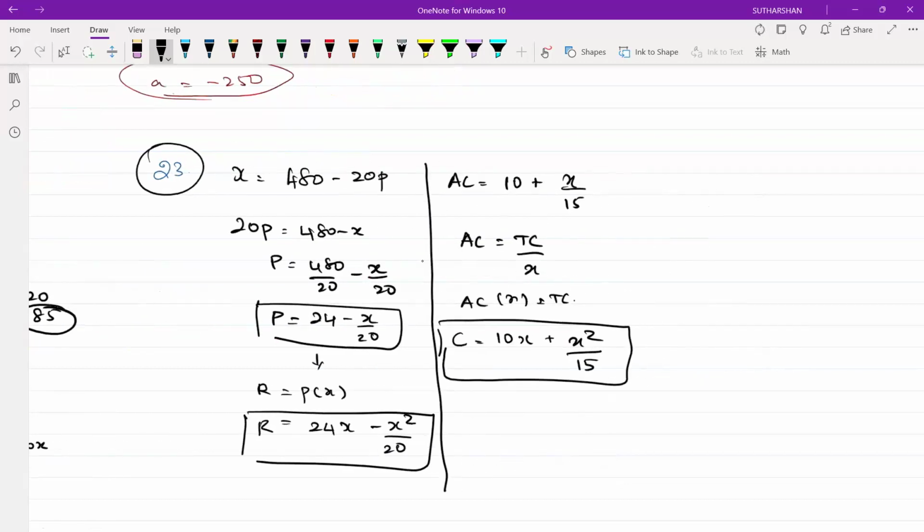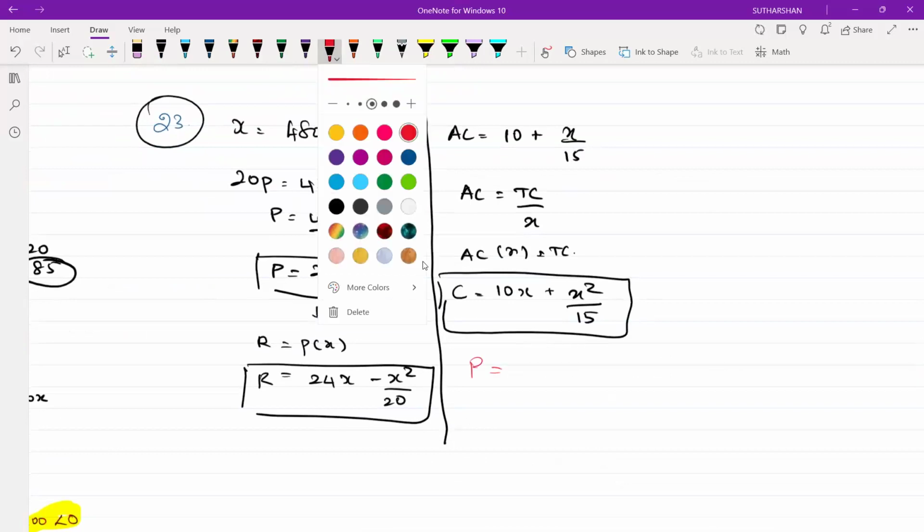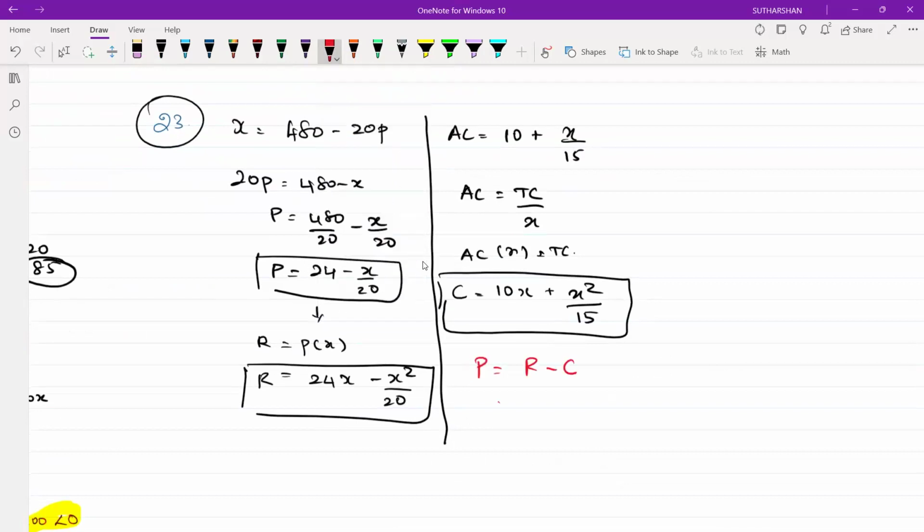Then what is the next step? What is profit? Here profit is nothing but revenue minus cost. Revenue is 24x minus x square by 20, minus 10x minus x square by 15. I'm multiplying the minus to the inner side. Now it will become 14x minus x square by 20 minus x square by 15.